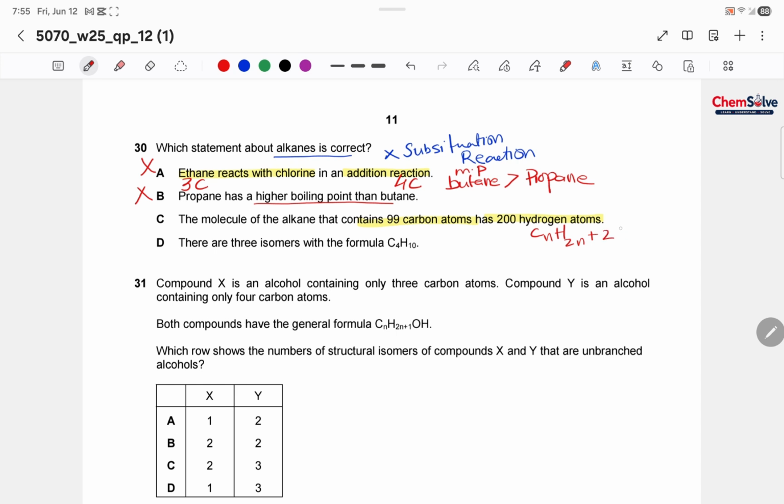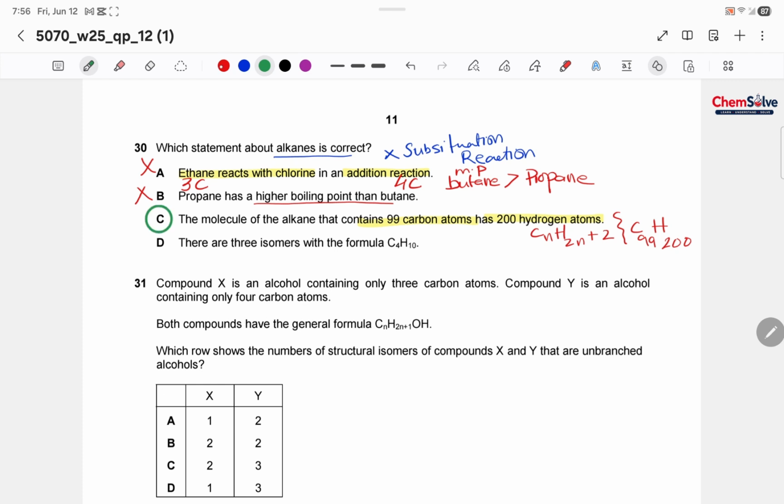So if C is 99, H is 2n, 99 multiplied by 2, that is 198, and plus 2, it will be 200. So this is the correct one. This statement is correct.